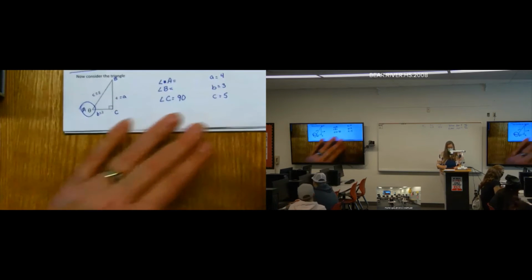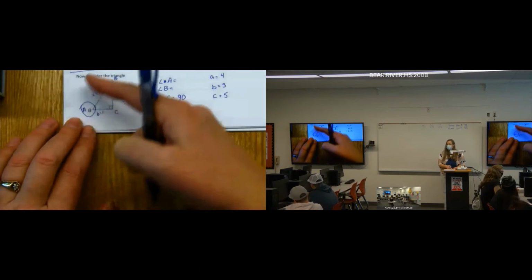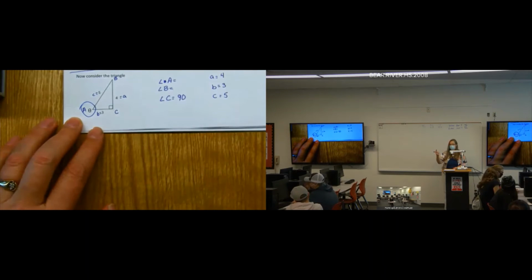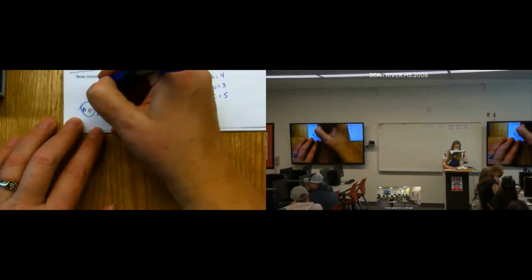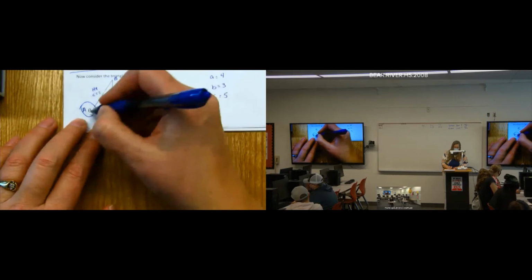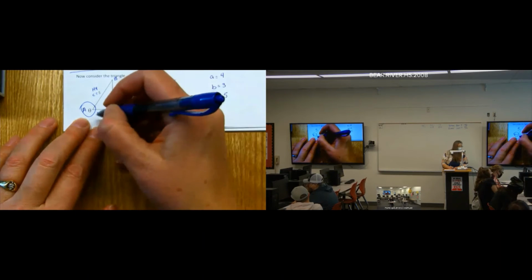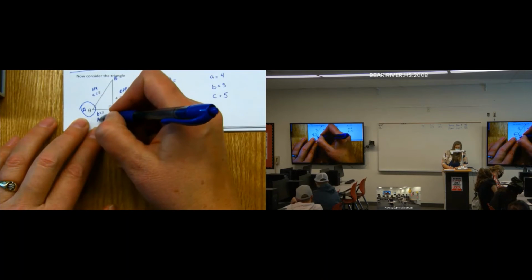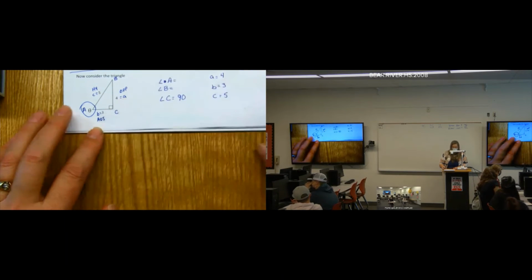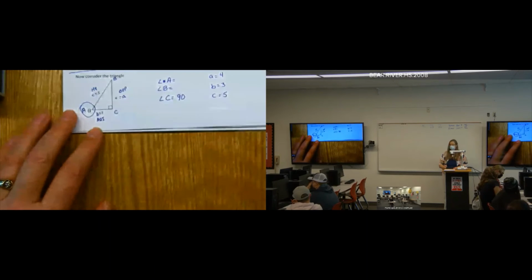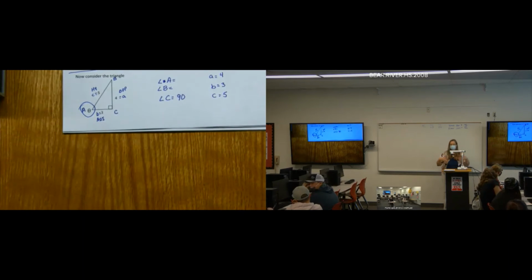I can use whatever one I want because I know sine is, this is the hypotenuse. From A, this side is the opposite. This side is the adjacent. All right? So I can pick. Which one do you want to use? Pick sine, cosine, tangent, doesn't matter, because I can use them all.